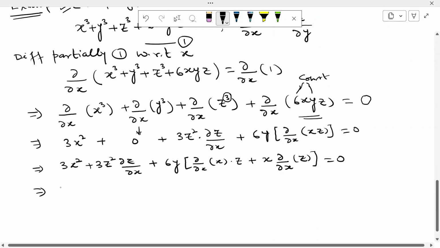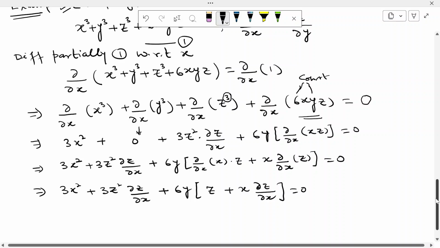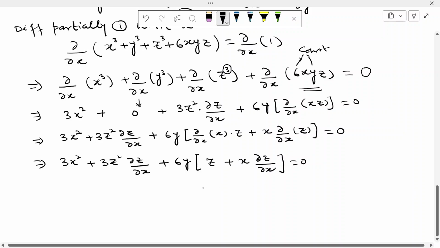So this comes out as 3x² + 3z² ∂z/∂x + 6y. Now the derivative of x with respect to x is 1, so here we are having only z, plus this x is as it is. Now the derivative of z is ∂z/∂x, because we do not have any specific expression of z, so we give the notation as ∂z/∂x.